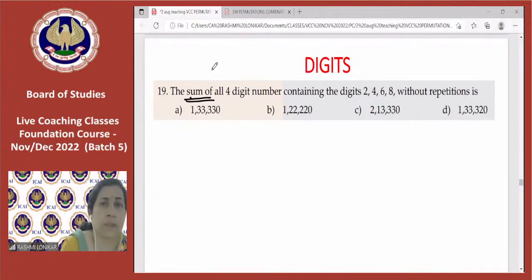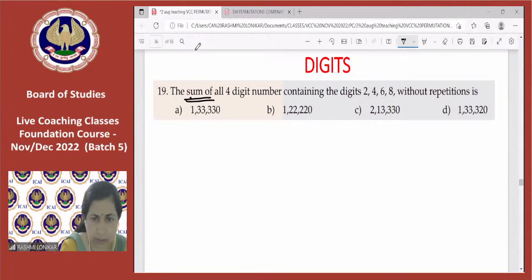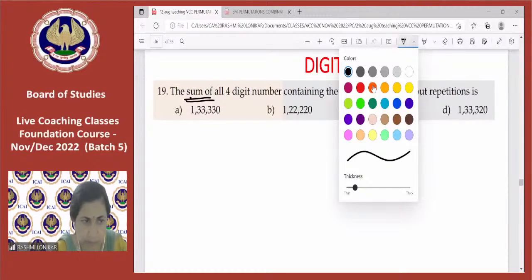Now here what happens is, we have a 4-digit number. I hope you know the basics. Suppose I have a 4-digit number.